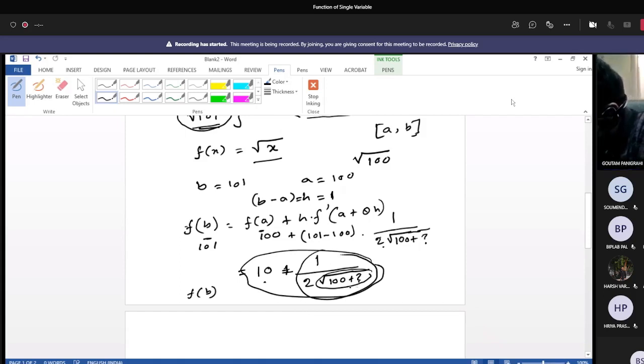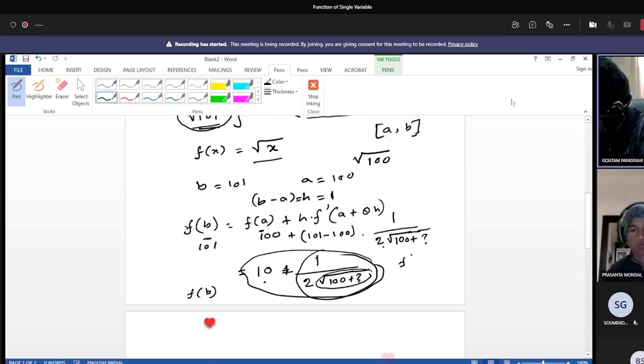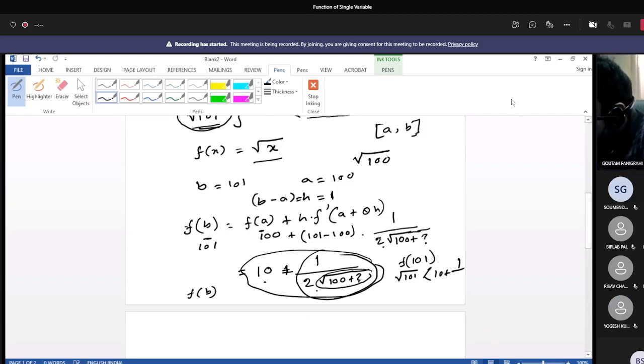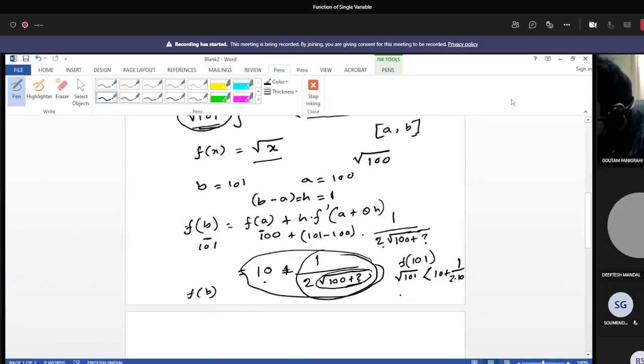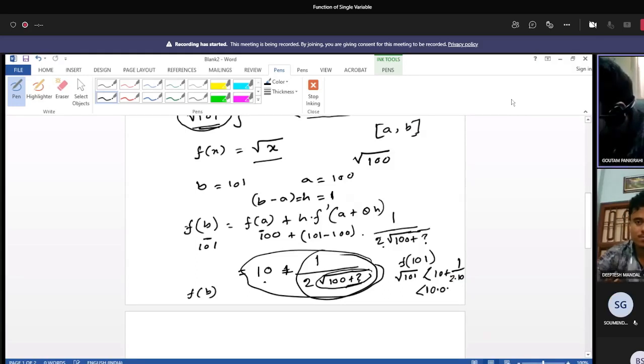So obviously f of b, or f of 101, root of 101, is less than 10 plus 1 by 2 into 10, because if you increase theta, it will always be less than 10.05.